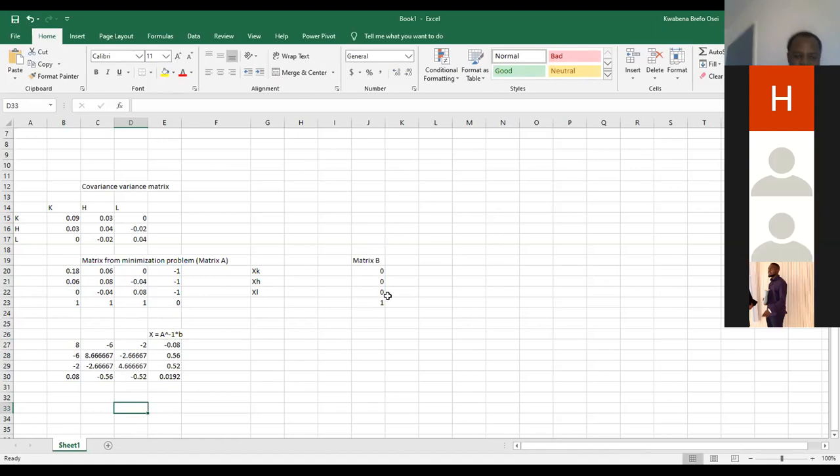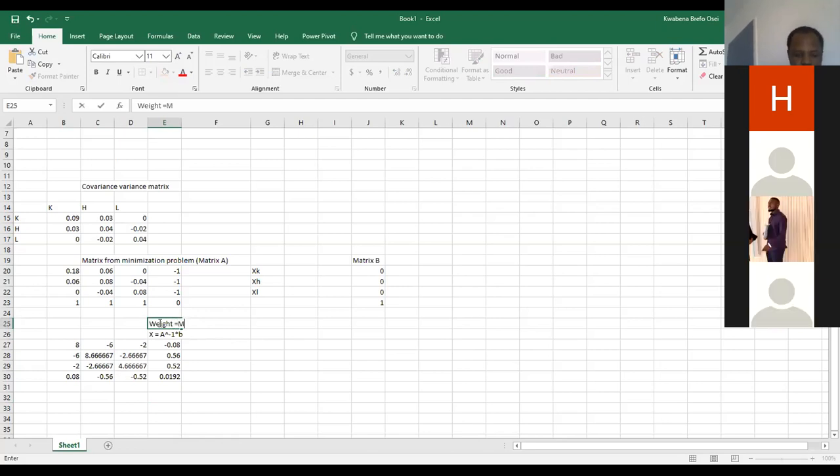I think beside the expression at the top, x equals inverse of A times B, you should write the formula there so it stays there, just in case you upload the Excel file, we know what happens there.